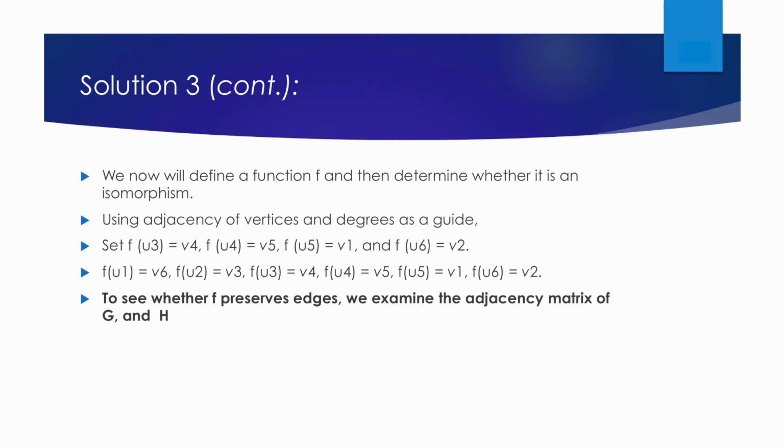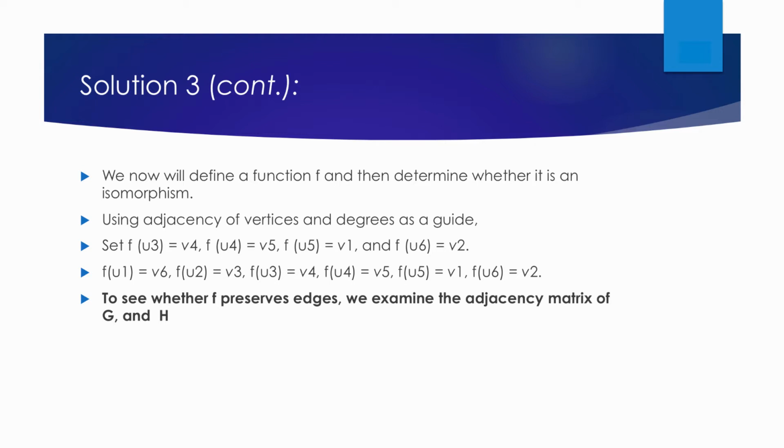Because u2 is adjacent to u1, the possible images of u2 are v3 and v5. Then we set f of u2 equal to v3, and we continue in this way using adjacency of vertices and degrees as a guide. We set f of u3 to be v4, f of u4 to be v5, f of u5 equal to v1, and f of u6 to be v2.